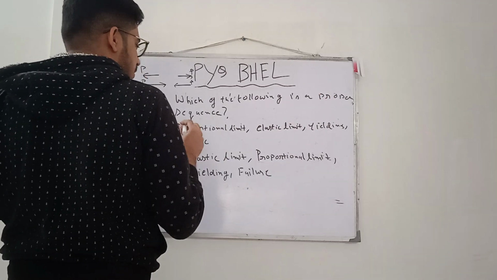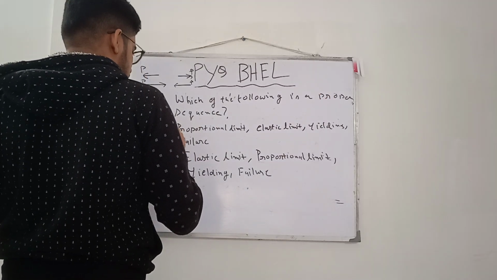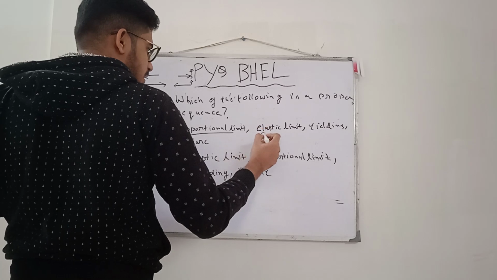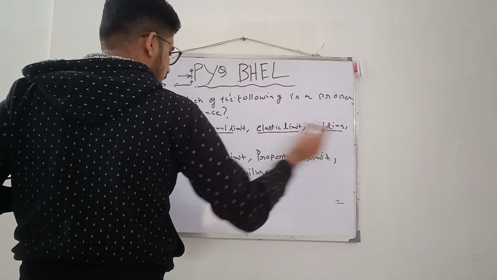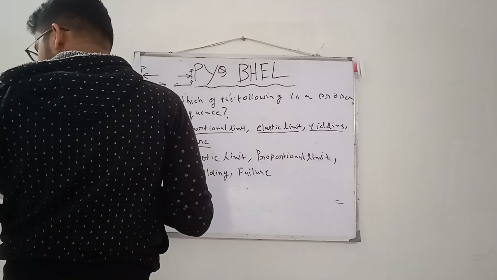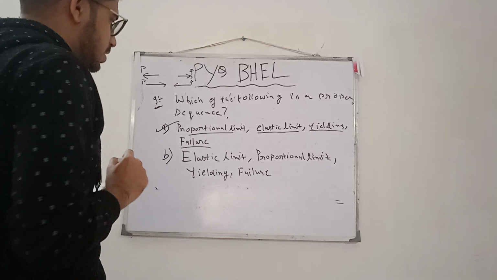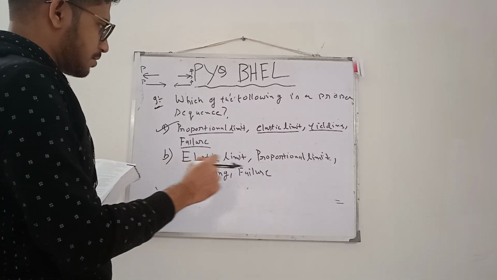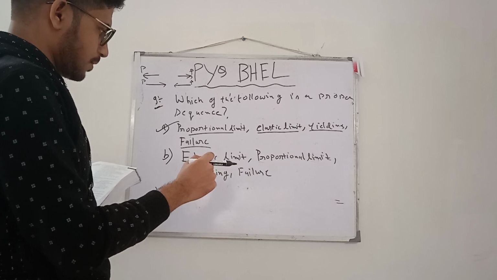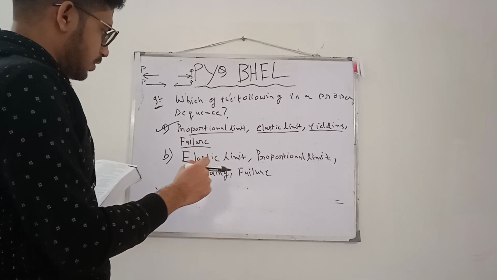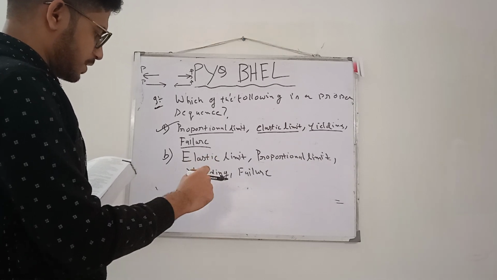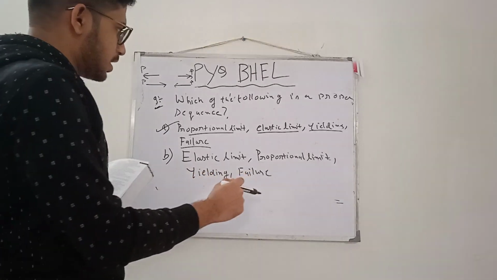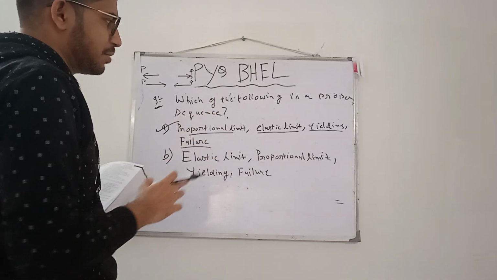So which of the following is a proper sequence? Okay, this one: proportional limit, then elastic limit, then yielding, and then failure. This is the proper sequence. When we extend the material, it goes first to the proportional limit point, then the elastic limit point, then it goes to the yielding point.